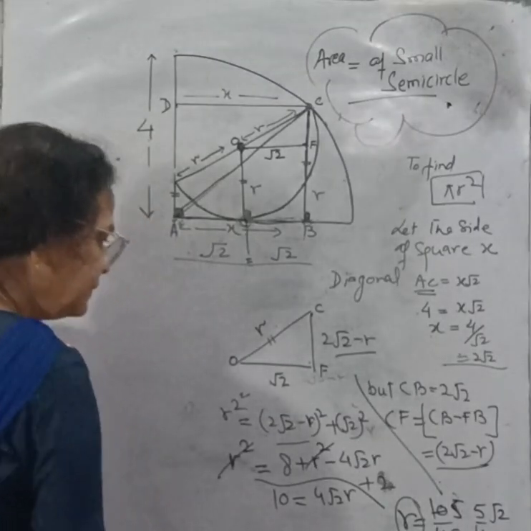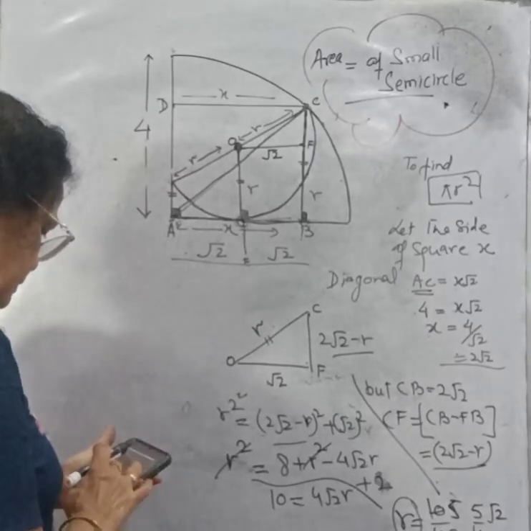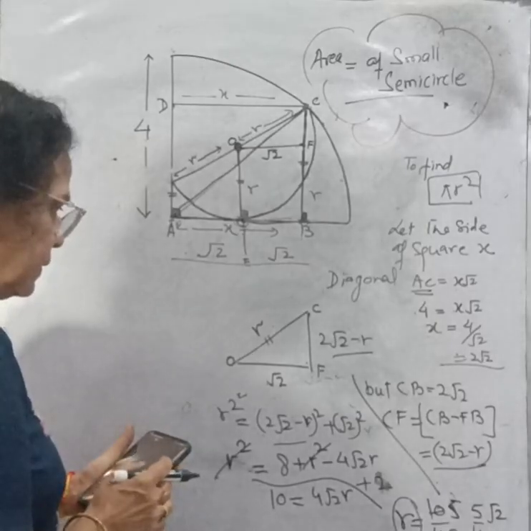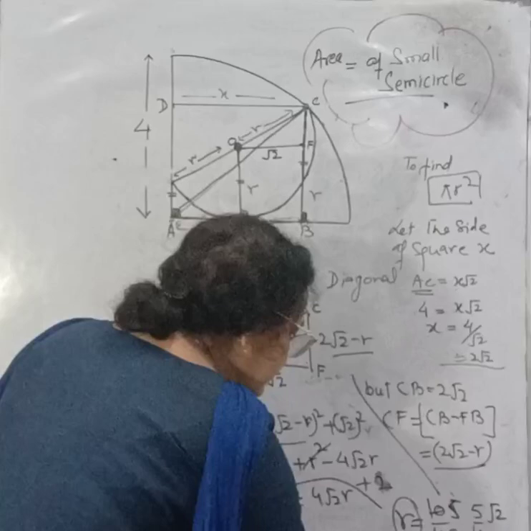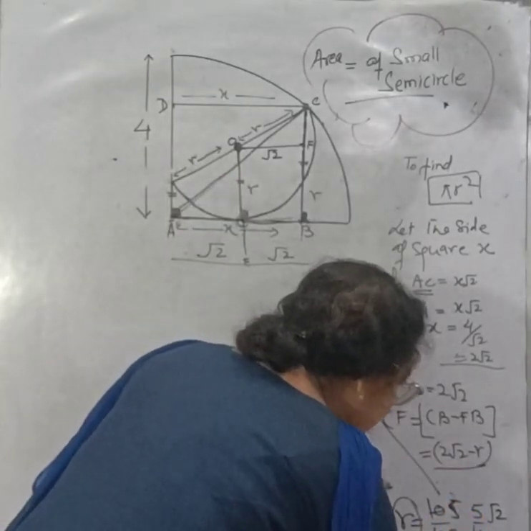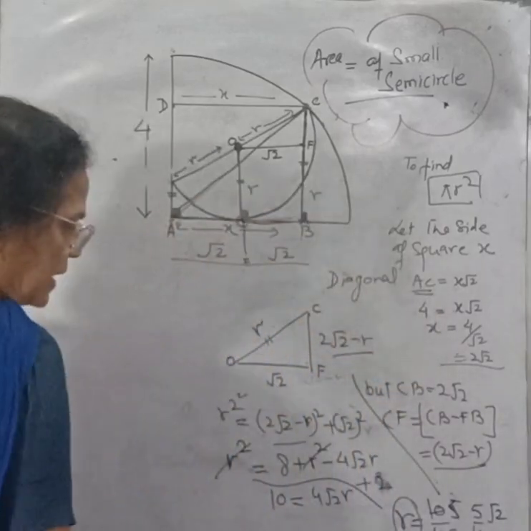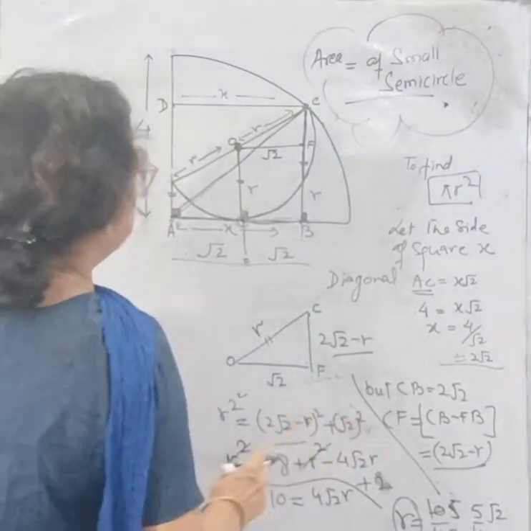Calculating this, this can be written as 1.25 root 2. The value of r is 1.25 root 2.